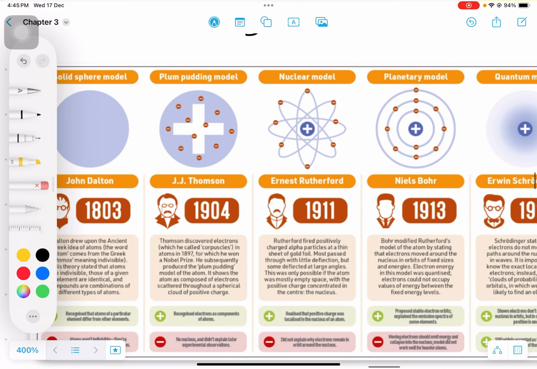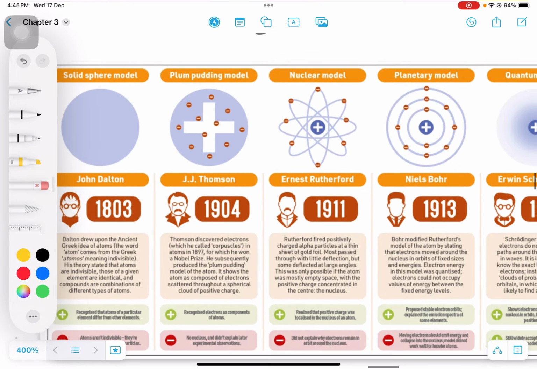In the plum pudding model, the whole atom is positive, and we have tiny bits of electrons as negative. And in the nuclear model, the middle part is the nucleus with a positive charge, surrounded by electrons with the negative charge.